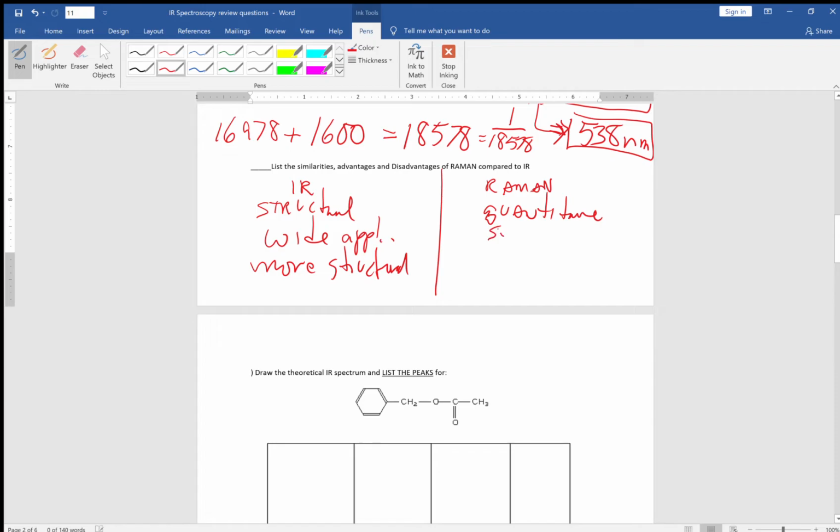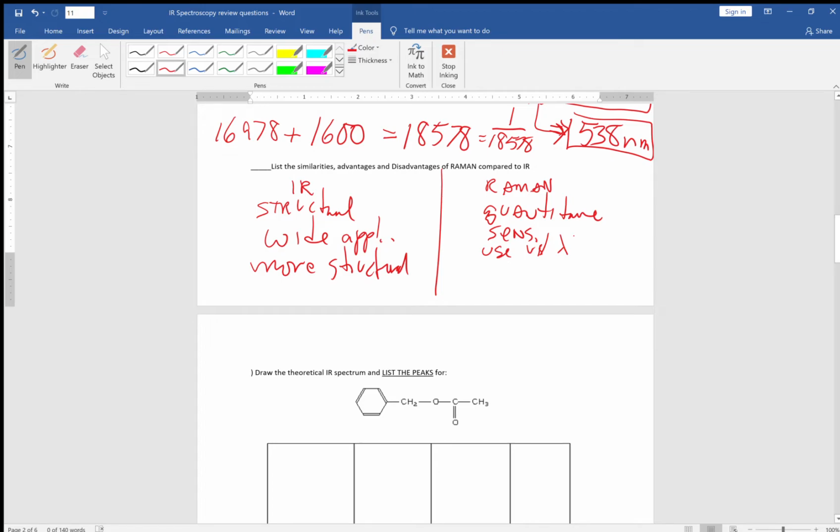Raman has higher sensitivity because of the geometry of the instrument. Remember, it uses visible wavelengths of light. It uses the vibrational information, but it detects visible light.